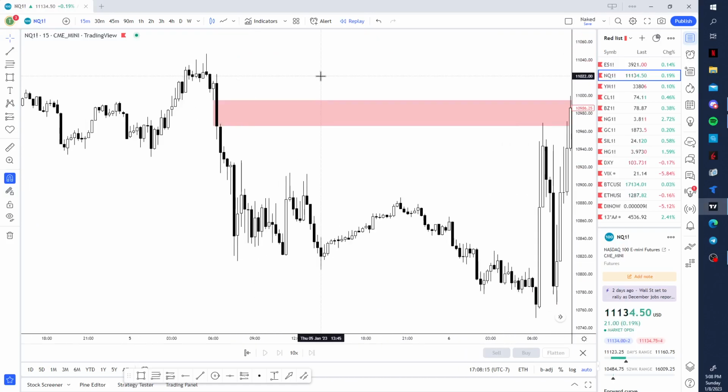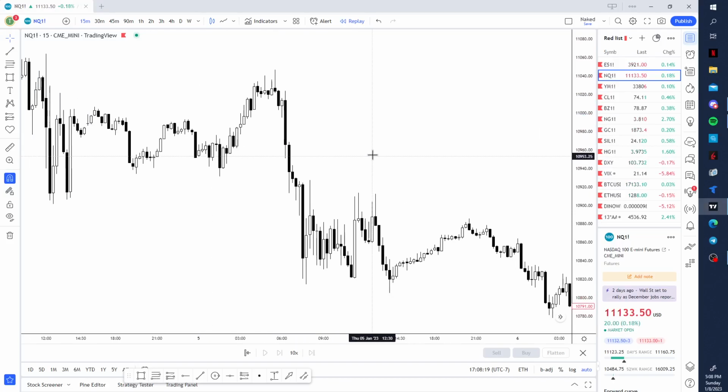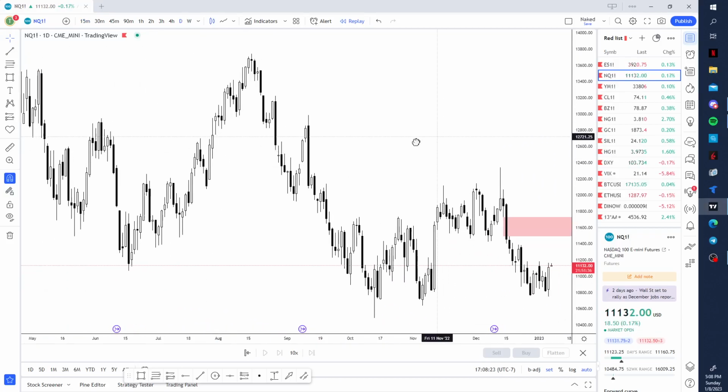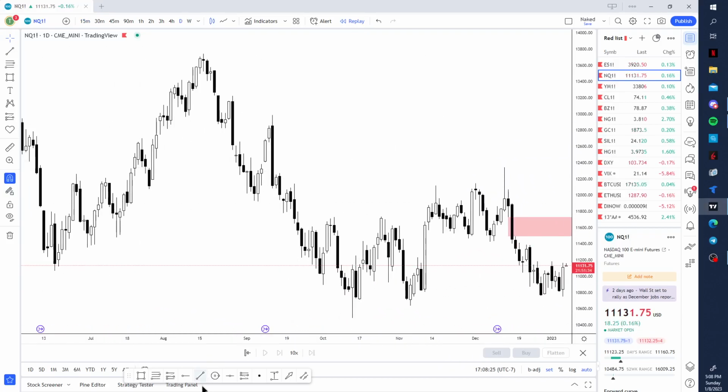Interesting. What's the probability of it never being filled again? Does that happen often? So on the daily, I was looking at the daily time frame. It's pretty rare. There's one here. It got partially filled. But even these end up coming back and getting filled.